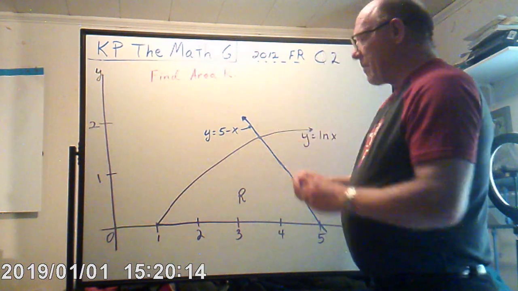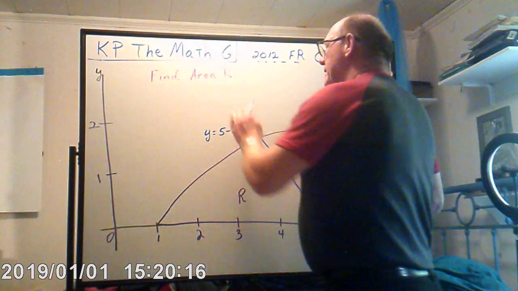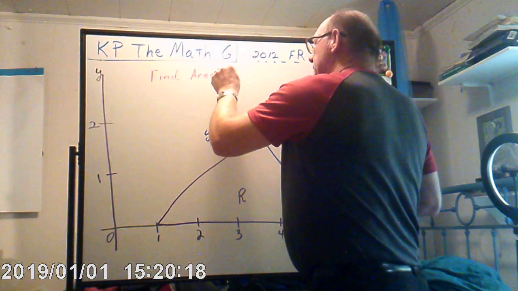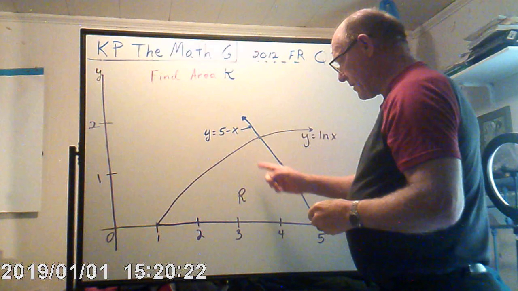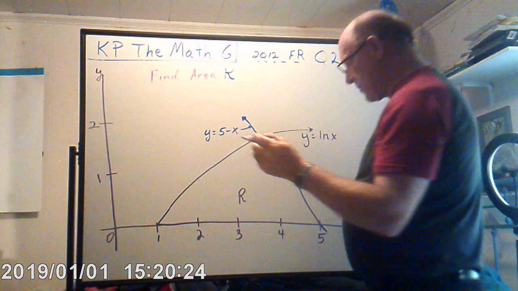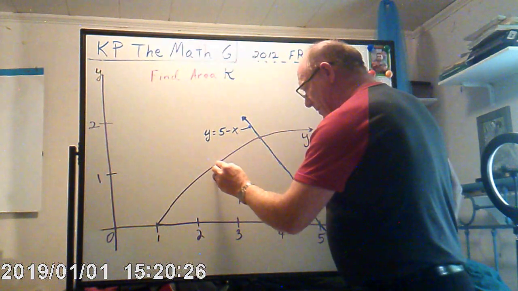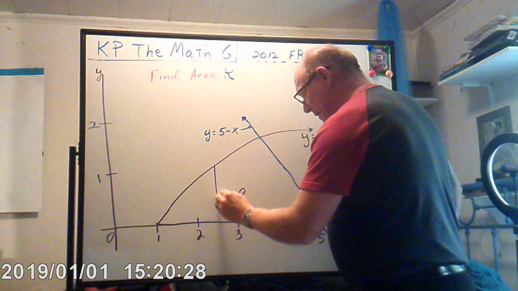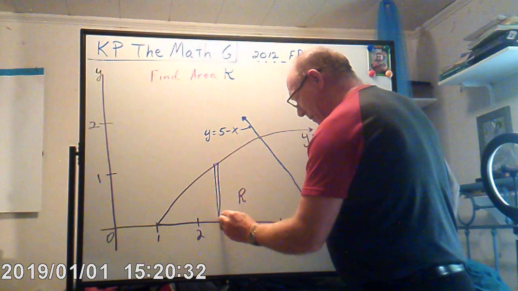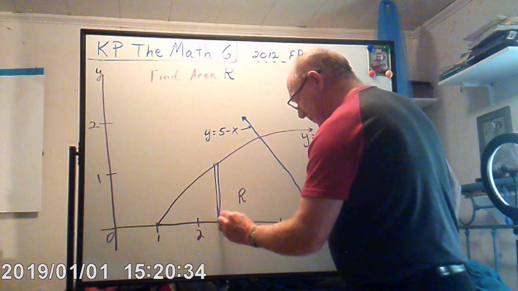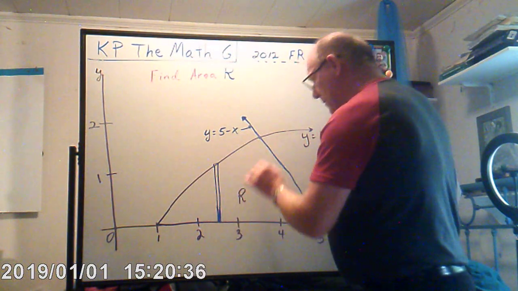So there are 2 ways to find this area. This is region R. One thing you can do, and I'm just going to set them up, is find the area from here to this point.